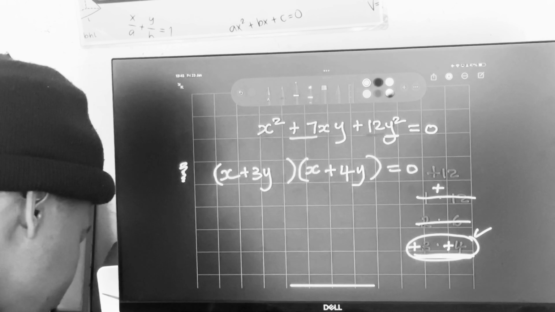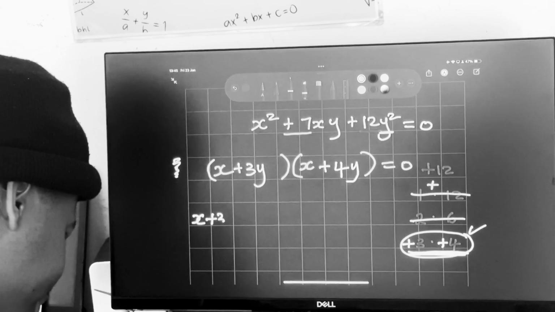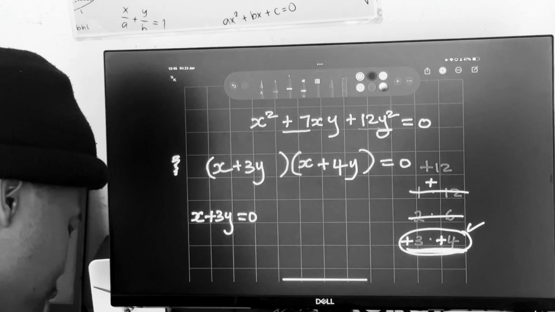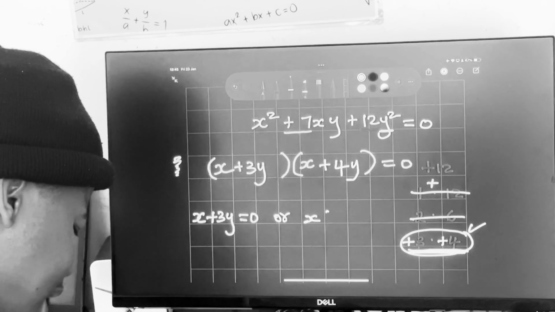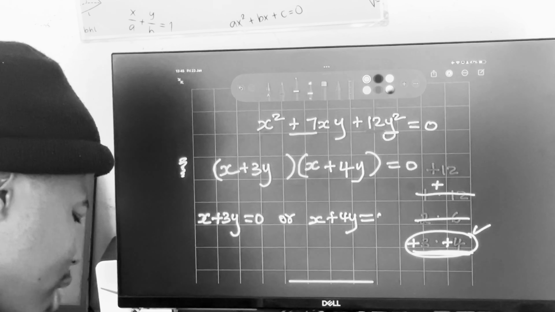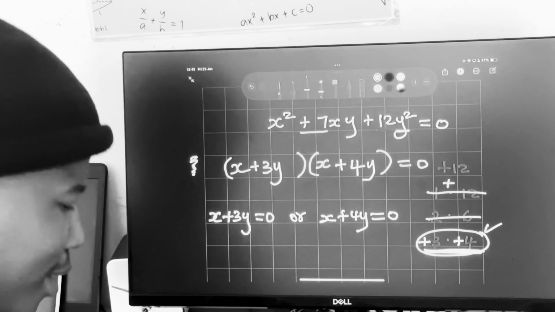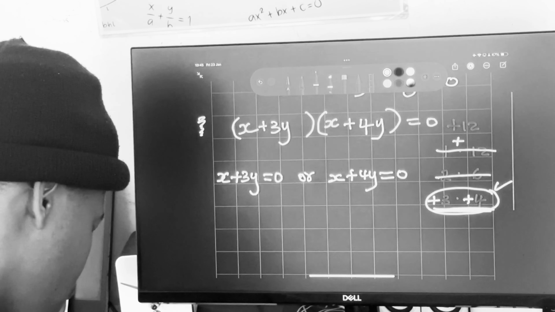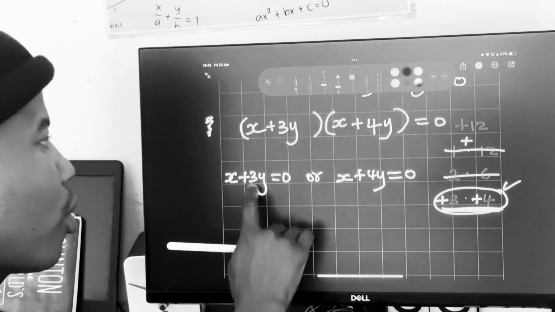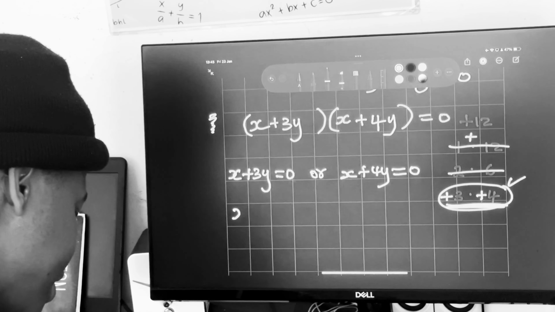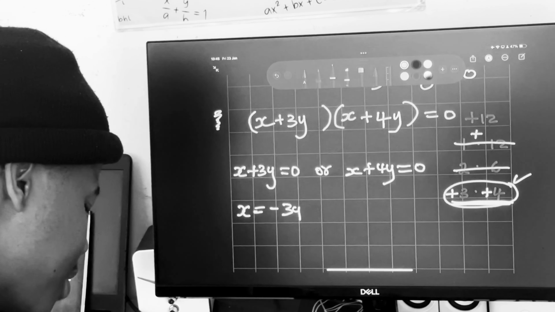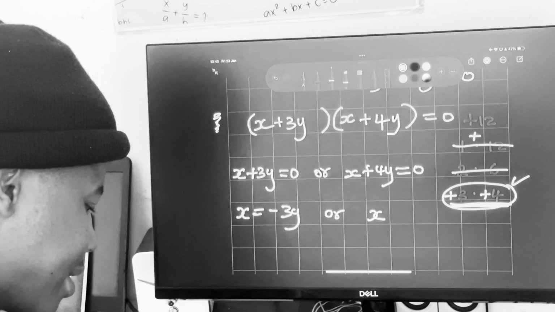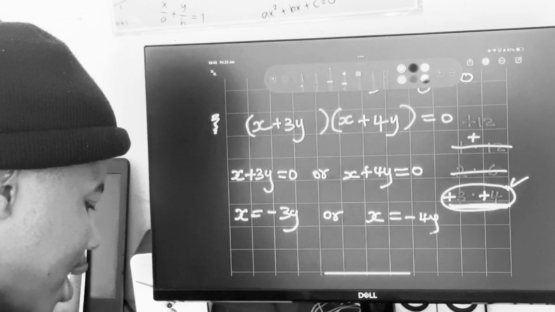So now I can say, okay, this guy here is left with 0 emotion, or this guy here is left with 0 emotion. And then on this side, I can transpose the 3y to the other side. So I'm going to have x equals minus 3y, or x equals negative 4y.